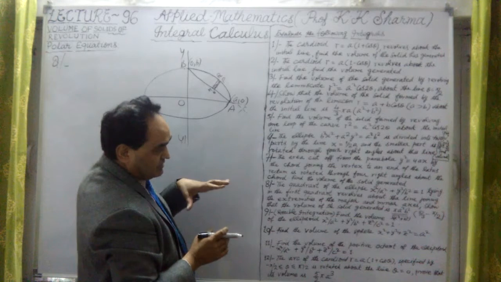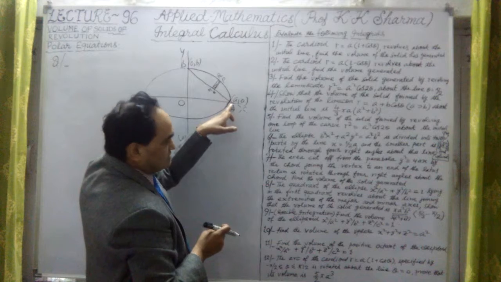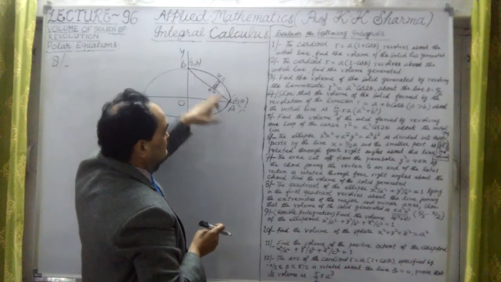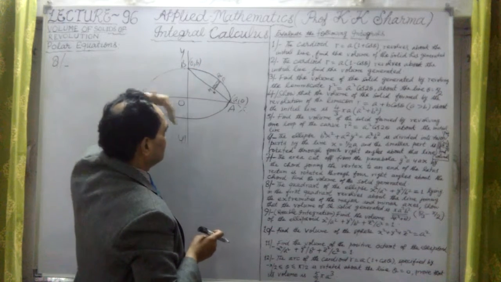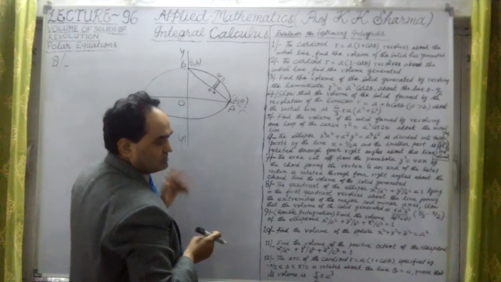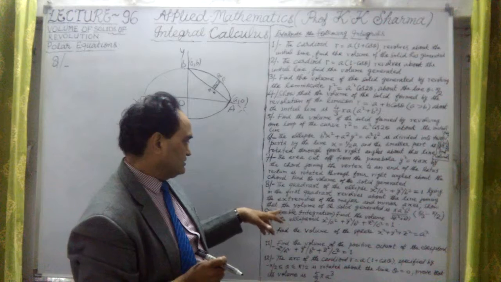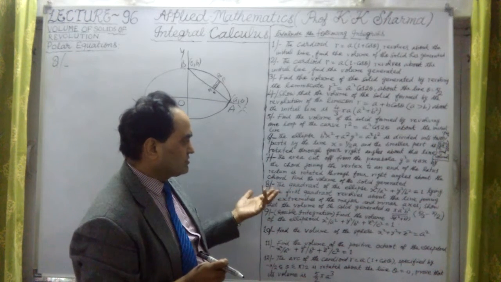The chord AB is obtained by joining one extremity of the major axis and one extremity of the minor axis. That means A and B are joined. So if this area is revolved around AB, the chord joining the extremities of the major and minor axes, show that the volume of the solid generated is this. That's the same type of question.